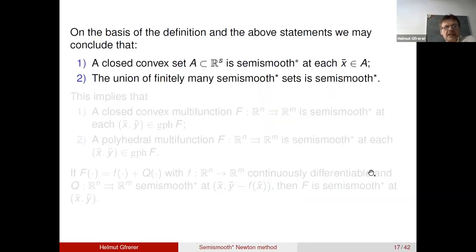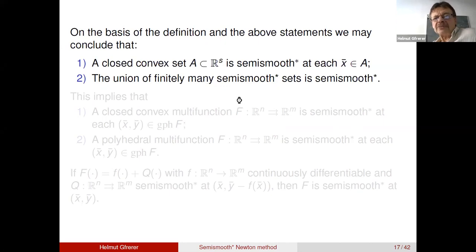What do we know about when sets are semismooth star? Only two cases here. Every convex set is semismooth star at each point of the set, and the union of finitely many semismooth star sets is again semismooth star.